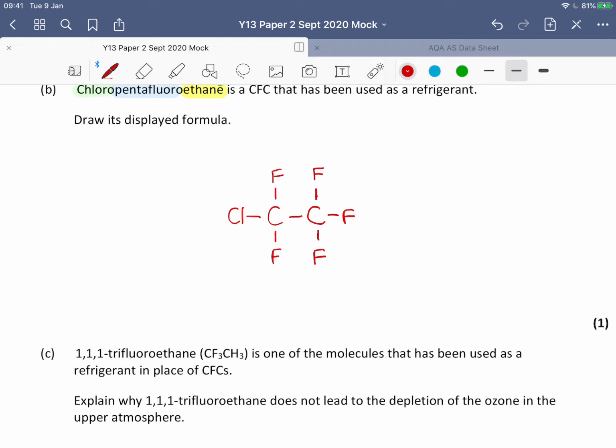Just to say, while we've got displayed formulae here, if there was a carboxylic acid or if there was an alcohol, you would need to make sure that you drew every bond. So that is correct, whereas this is not correct.